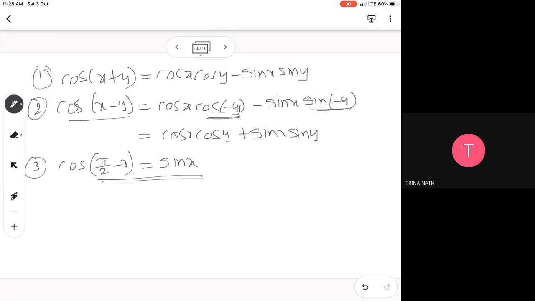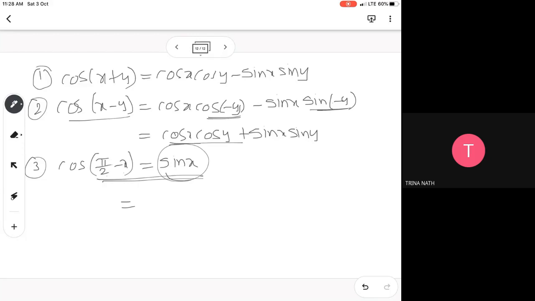Substitute in this formula: in the place of x, pi by 2, and in the place of y, x. So you are going to get sin x only. How do you prove it?